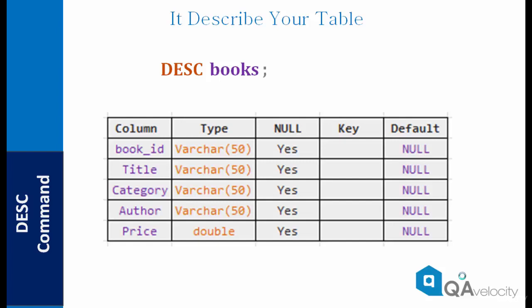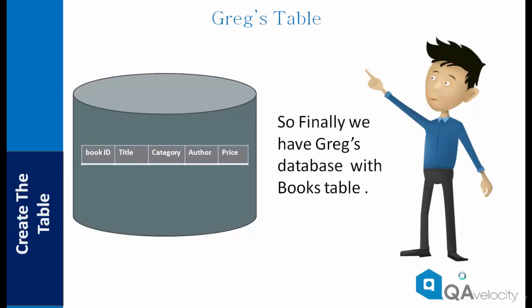If you see the description, it has the column names, the type of data that column is using, whether that column can have a null value, or if a key is defined for that particular column. And finally, whether that column has a default value defined for it. Don't worry about new words like keys or null right now. We'll talk about each of these in our following chapters. So finally, we have a bookstore database with a books table in it.